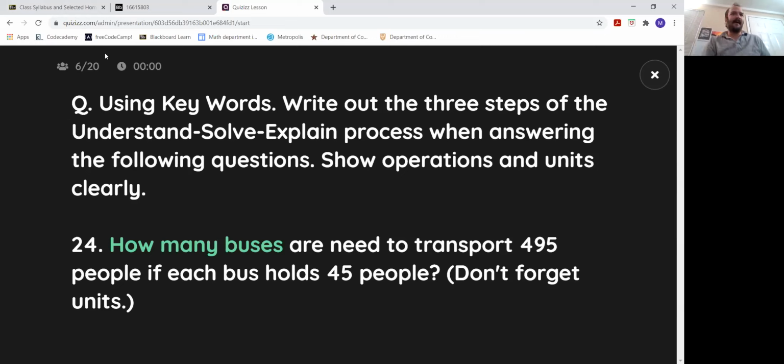I don't want to say it's bad, but it's not something I put a really large emphasis on. You should be able to read the problem and understand what's happening, and write some sort of equation and solve it. I will probably be doing all that in the next step.